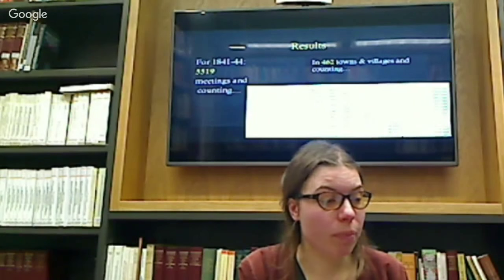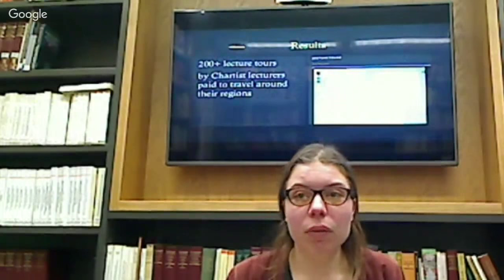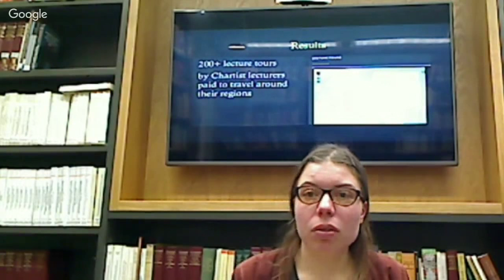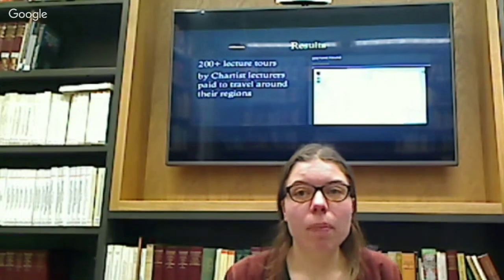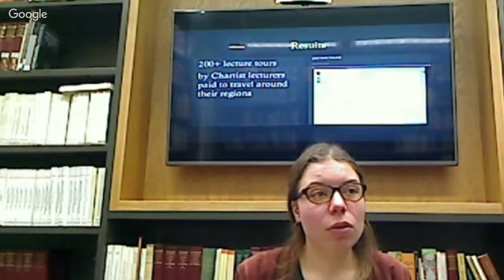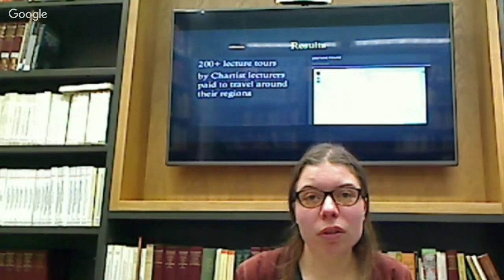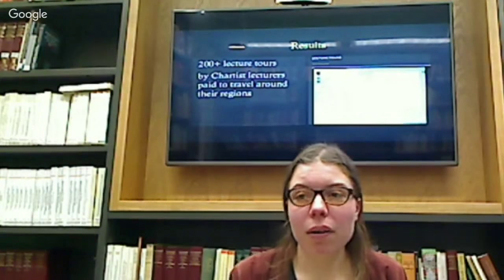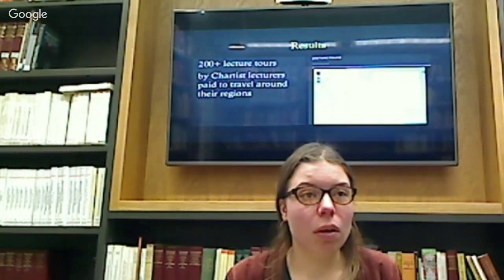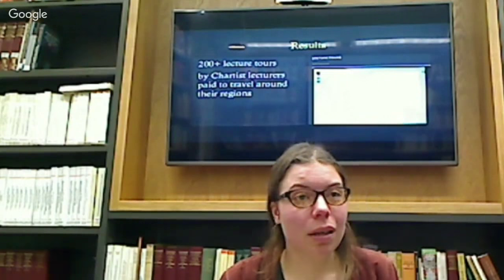The other type of data that we found in those columns was the lecture tour data. So the Chartists didn't just hold meetings in their hometowns, they also had a system of paid lecture tours, if you like, where they'd hire good orators to go around and do a tour of different towns to spread the word of democracy, if you like.